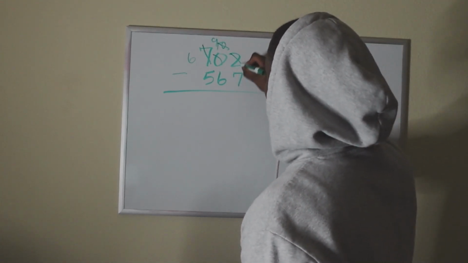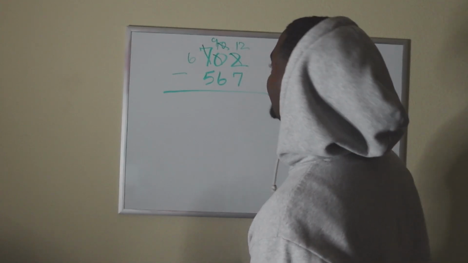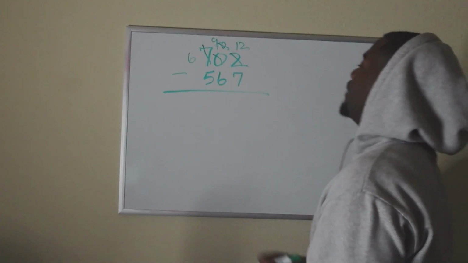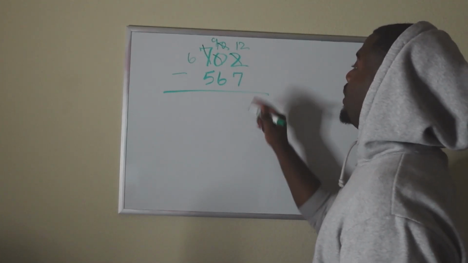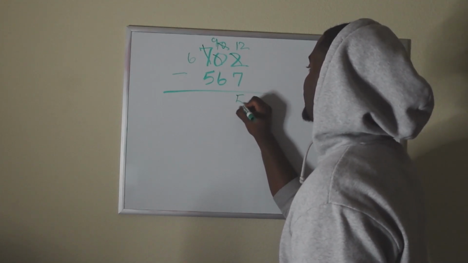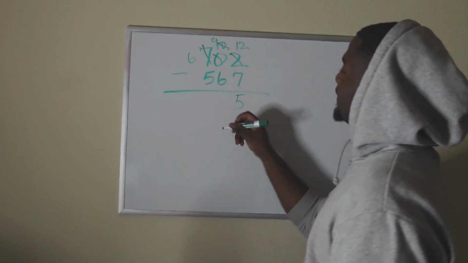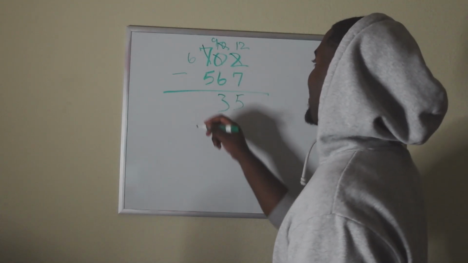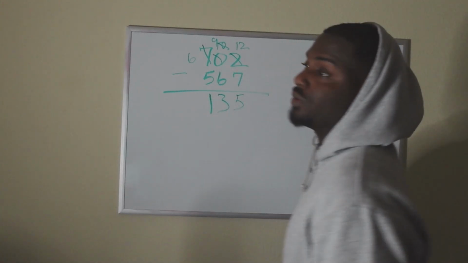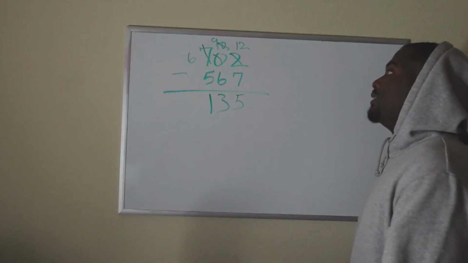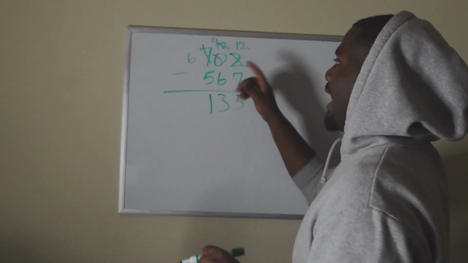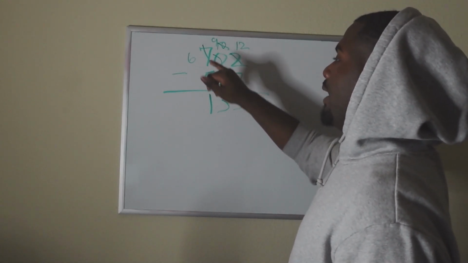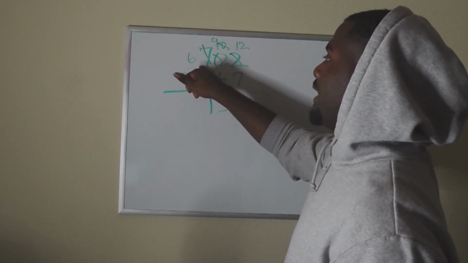And this becomes the number 12. Now we can subtract. So we have 12 minus 7 is 5. We have 9 minus 6 is 3. And we have 6 minus 5, which is 1. Our answer is 135.